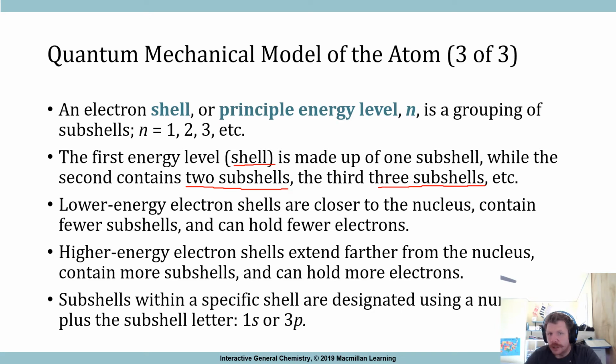The lower energy shells are closer to the nucleus, and they contain fewer subshells and can hold fewer electrons. Higher energy electron shells extend farther from the nucleus, contain more subshells, and can hold more electrons. But one thing I need you to keep in mind is each orbital can only hold 2 electrons.